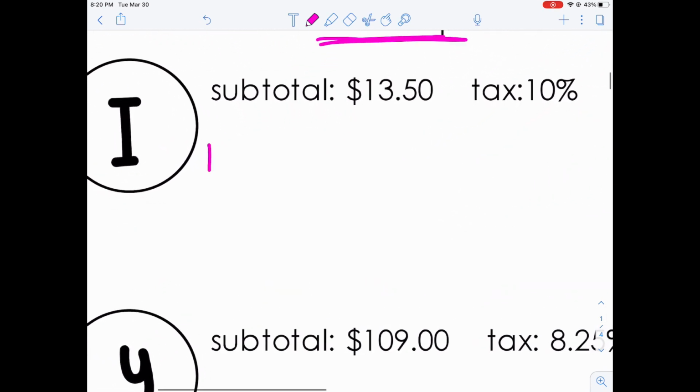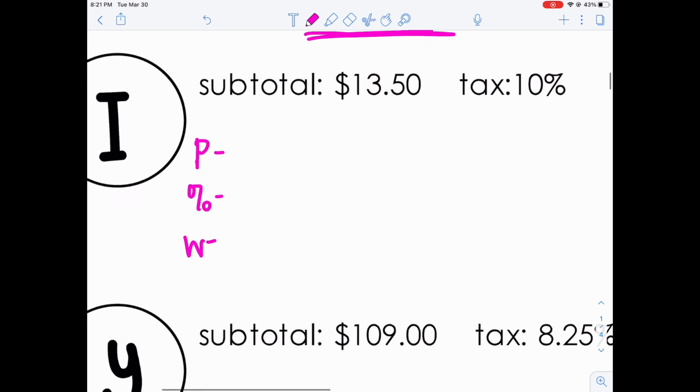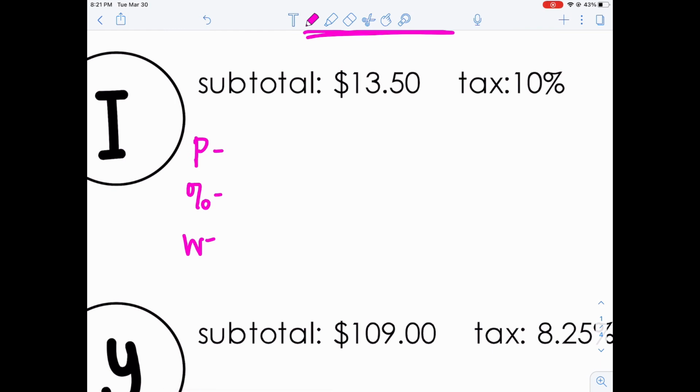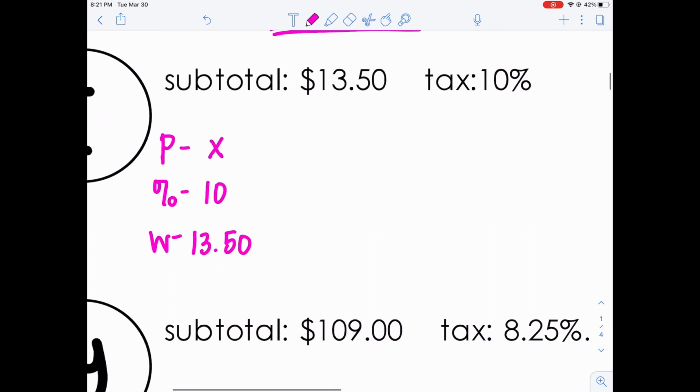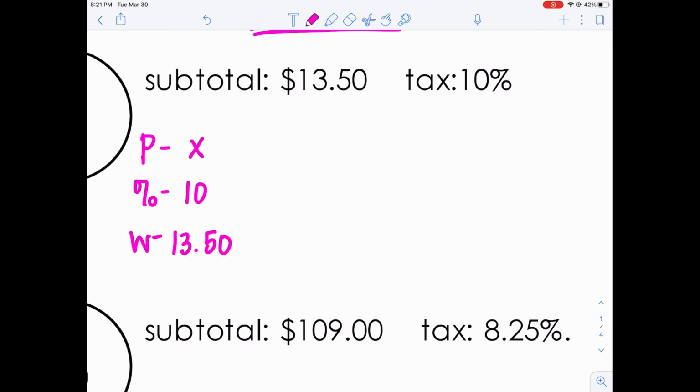So for our first one, we're going to start with part, percent, and whole down the side. Our subtotal is $13.50, so that's going to be our whole. 10% is the tax, so we're going to put 10 for percent, and they do not give me the part, so I'm going to put X. Now I'm going to use my percent proportion and plug everything in.